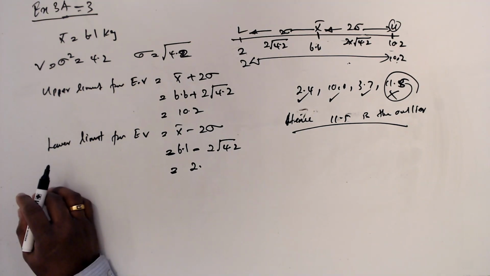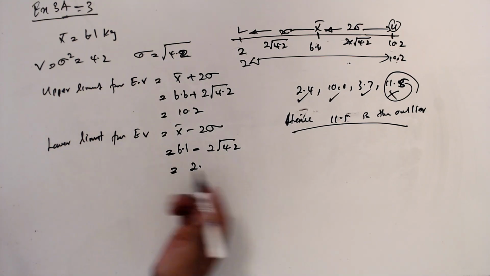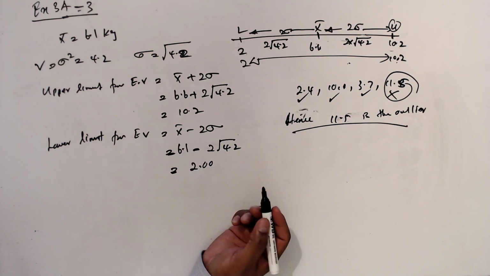Part B, what are the smallest and the largest masses that an Arctic fox can be without being an outlier? So basically, what is the minimum and the maximum value they are asking?